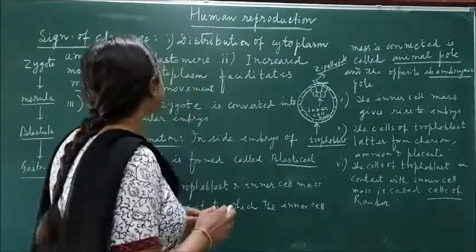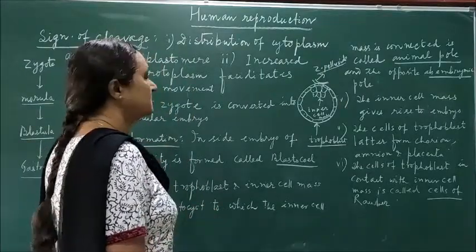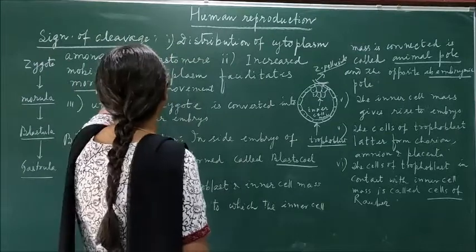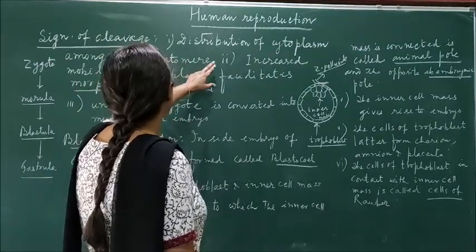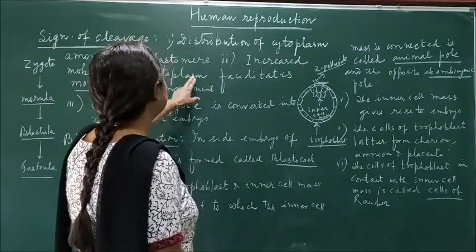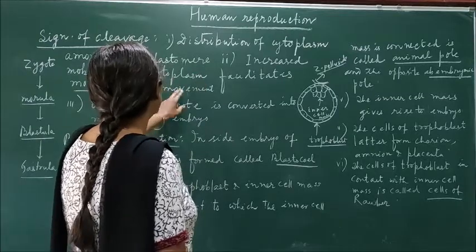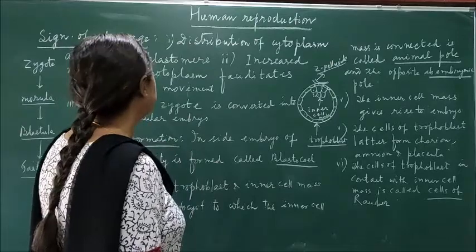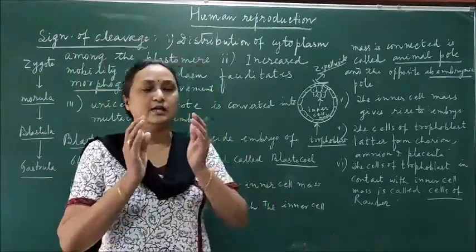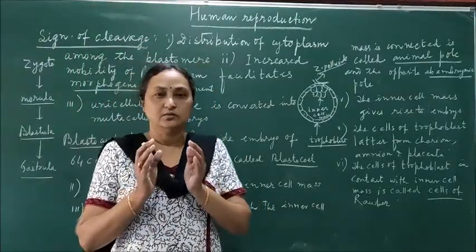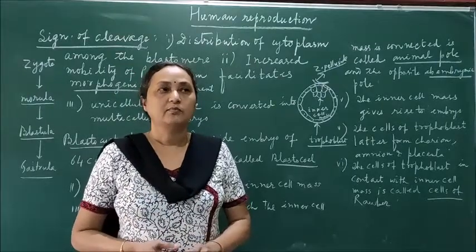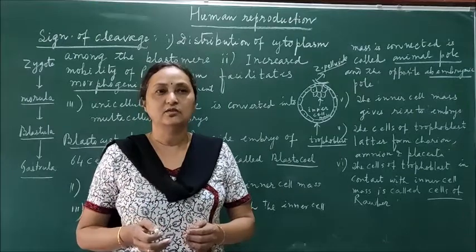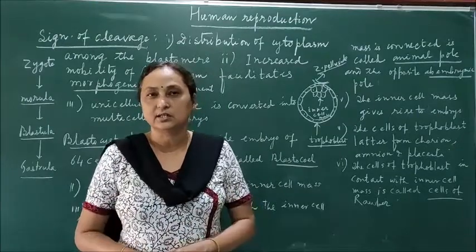Okay. So what is the significance of cleavage? Distribution of cytoplasm among the blastomeres, and increased mobility of the protoplasm, which facilitates morphogenic movement. The unicellular zygote is converted into a multicellular embryo. The cells of the zygote are called blastomeres, and inside the blastomeres you find the cytoplasm which was in the zygote, because initially the zygote is one single cell.